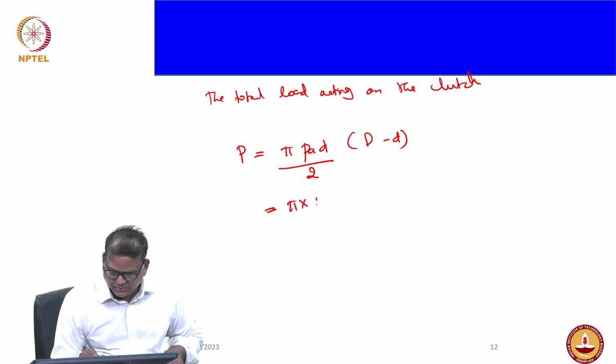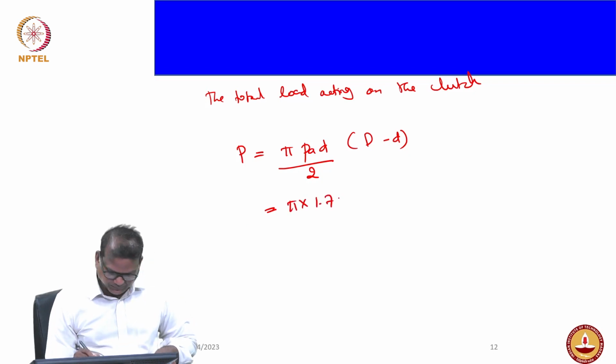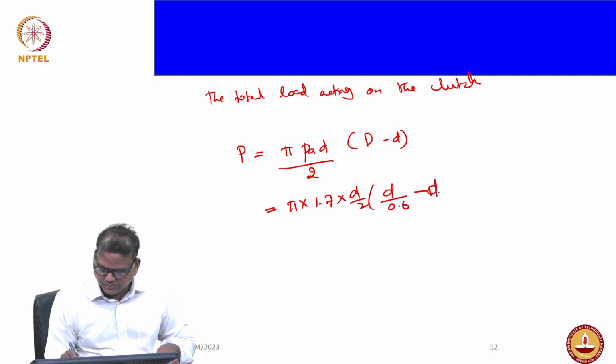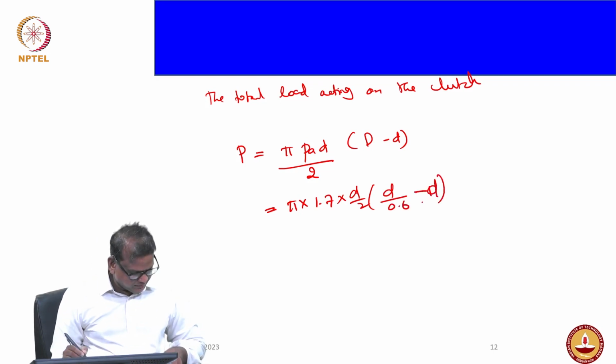Pi into this is 1.7, right? So this is D by 2. So we substitute here, instead of D we can have a 0.6 capital D small d. Can you tell me what value you are getting?